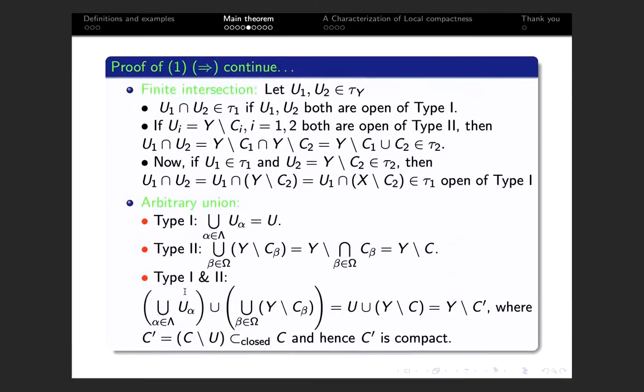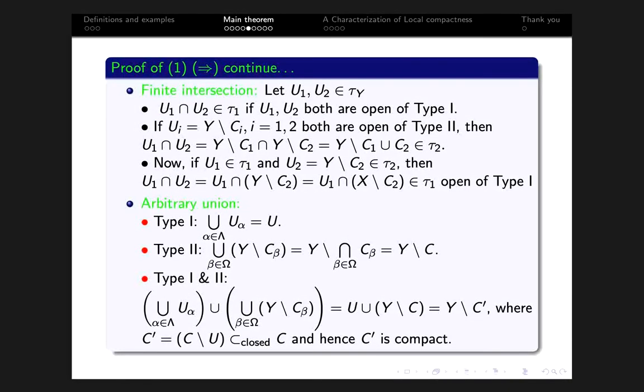Now if we have a mixed collection of open subsets of Y, that is a mixed collection of elements from tau Y. So this is the first collection, open subsets of type 1.